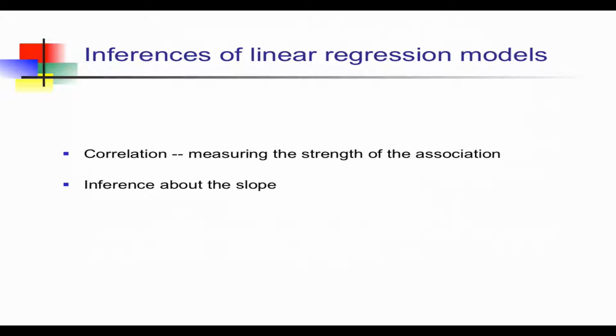Because if beta 1 equals 0, that means there's no linear relationship between x and y. So whenever you talk about inference of linear regression, most of the time you are talking about inference about the slope.